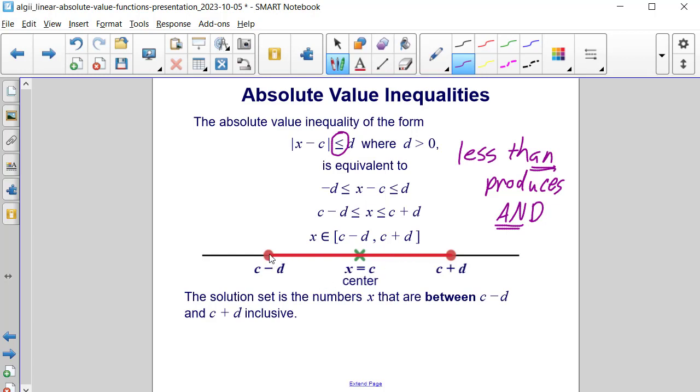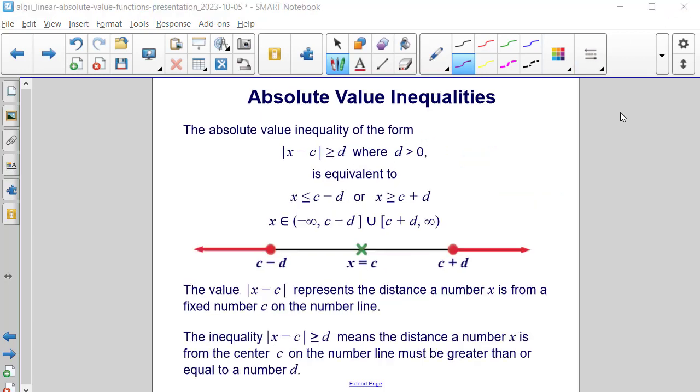Notice we have closed circles because this one had an equal to in it, and we shaded in between, including our center. And the solution set is the numbers x that are between c minus d and c plus d, including both endpoints because we have the equal to.